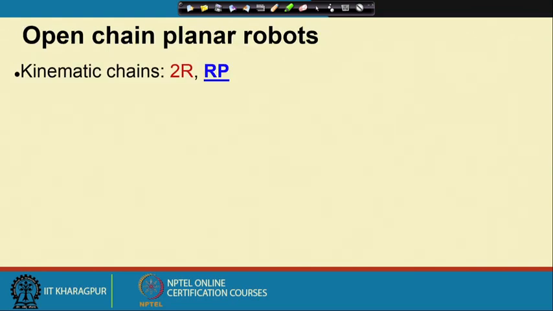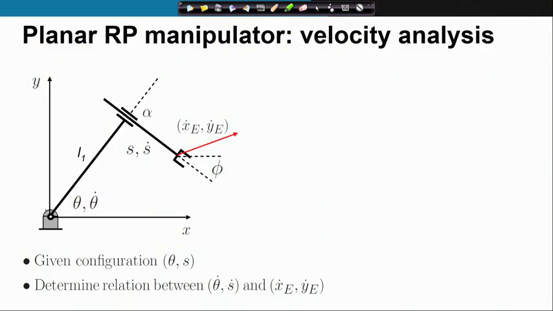In this lecture we are going to look at the RP kinematic chain. This is our schematic of the RP manipulator. Here we have these joint variables.